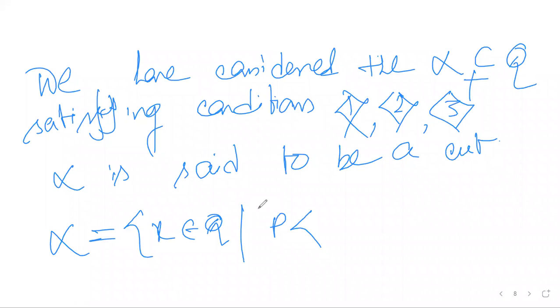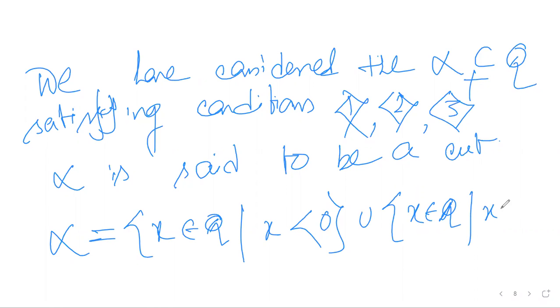X belongs to Q and X is less than 0, union, and then X belongs to Q, X greater than 0, and X square less than 2.